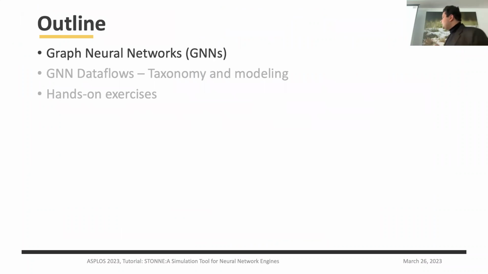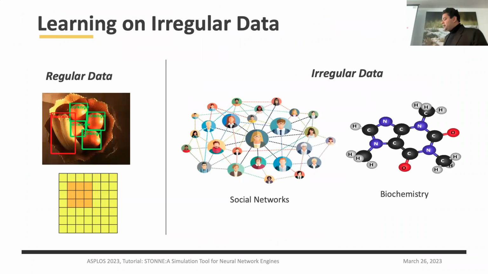Graph neural networks are becoming popular because a lot of the real world data is actually irregular, rather than like the convolution data where you just have the spatial filter, which is in a very regular shape, where you have a fixed X and Y coordinate of neighbors for each pixel of the image.